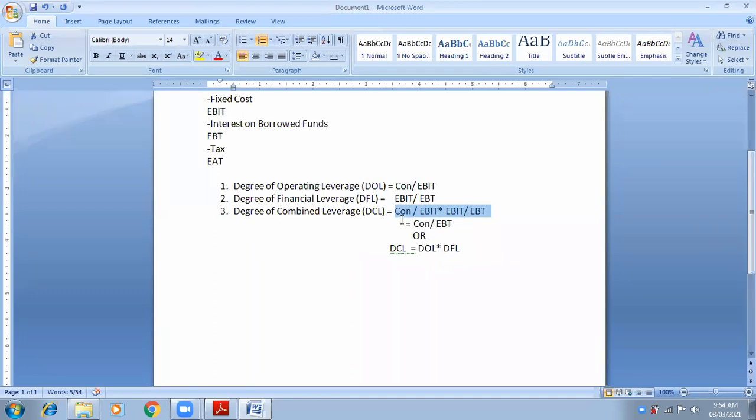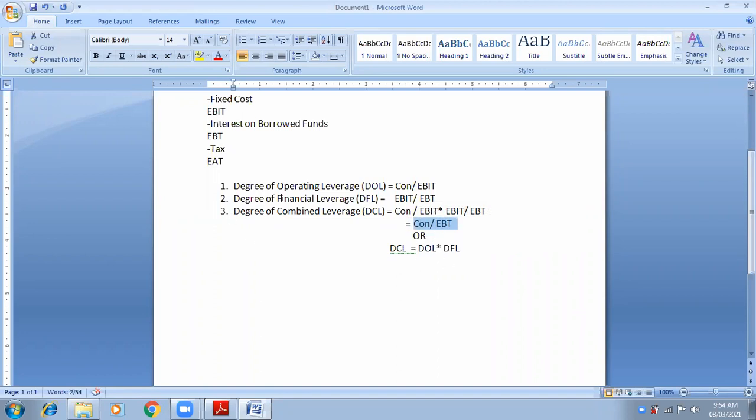EBIT cancel. Therefore, contribution upon EBT is the final formula for DCL. Or you can take both of the answers of DFL and DOL and multiply with each other. The answers will be same for both the formulas. So no need to worry. You can check your answers with either of them.